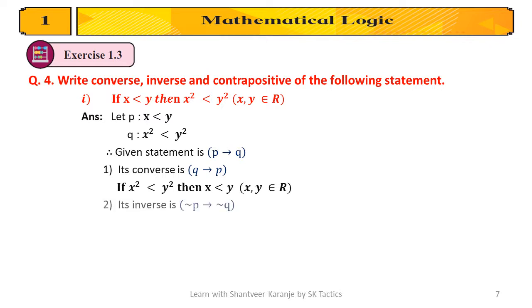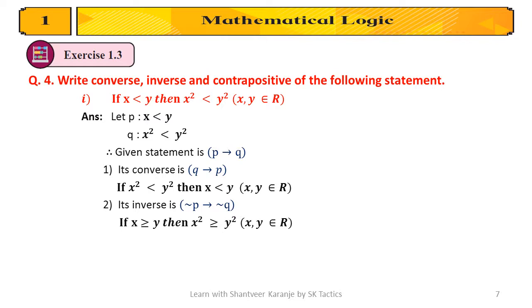Now we move to inverse. Inverse is nothing but negation sign for P and Q. So negation of P implies negation of Q is the inverse of P implies Q, and in statement form, negation of P means the opposite of x less than y.